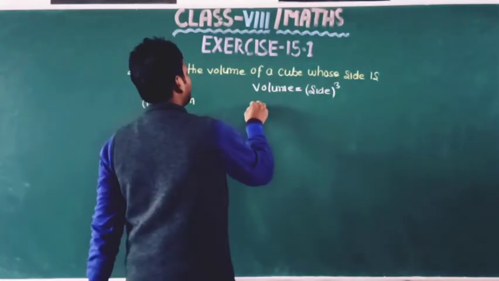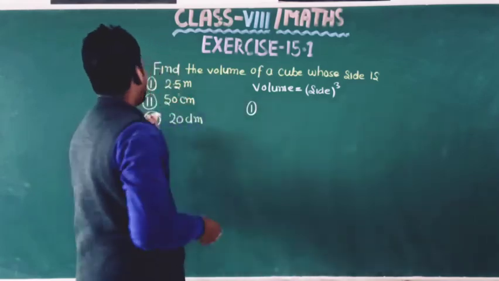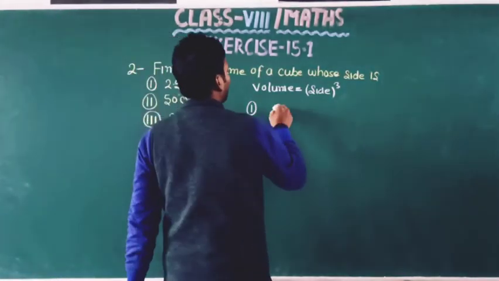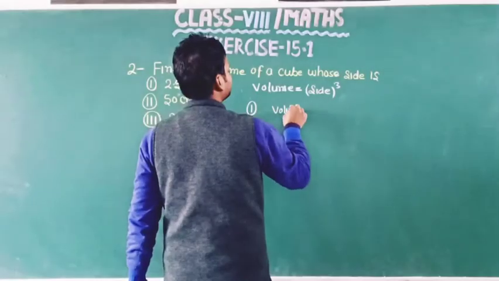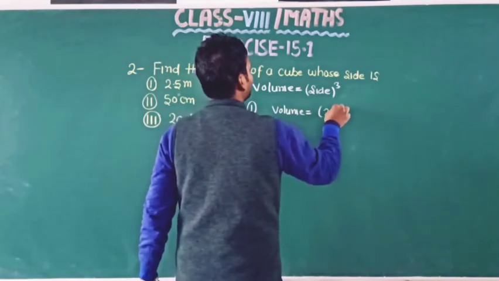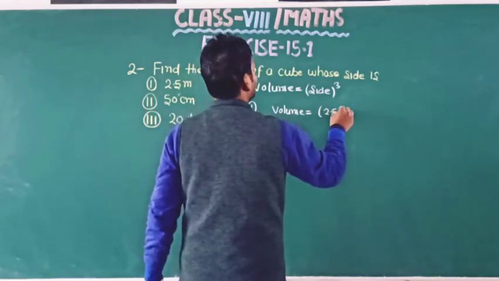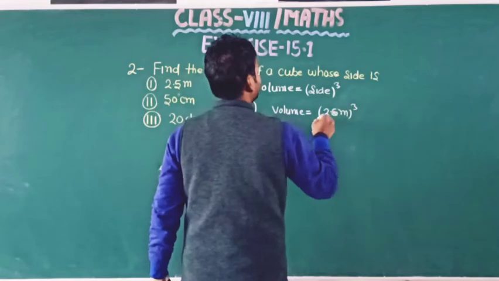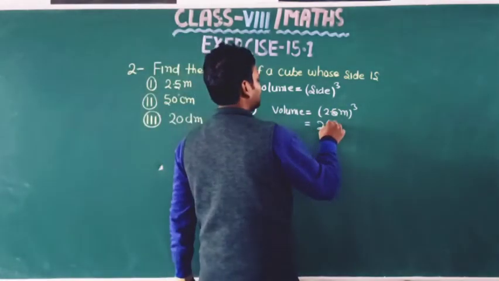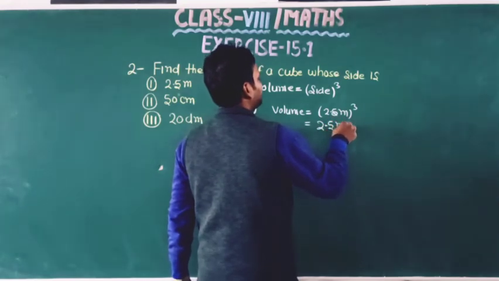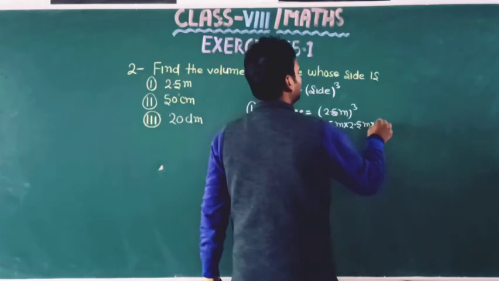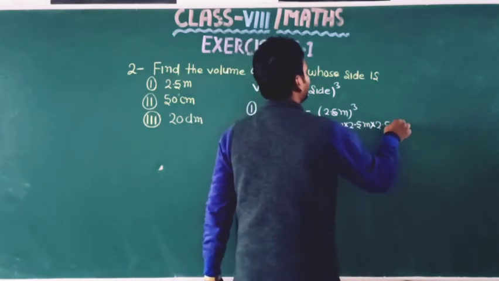So for the first part, the side is given as 2.5 meter. So volume equals 2.5 meter power 3. This can be written as 2.5 meter into 2.5 meter into 2.5 meter.